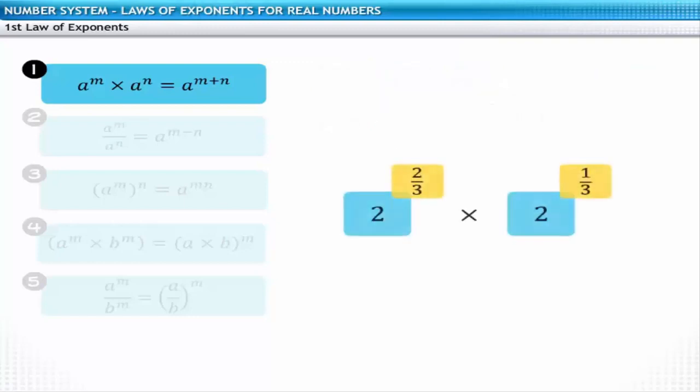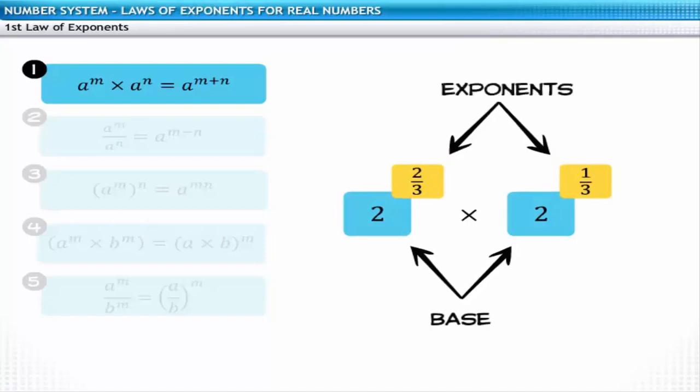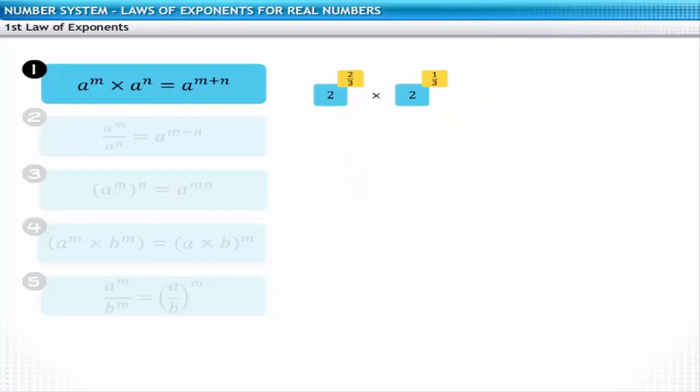Let's consider another example. Here, 2 is the base in both terms, with exponents 2 upon 3 and 1 upon 3. Now, let's simplify it.